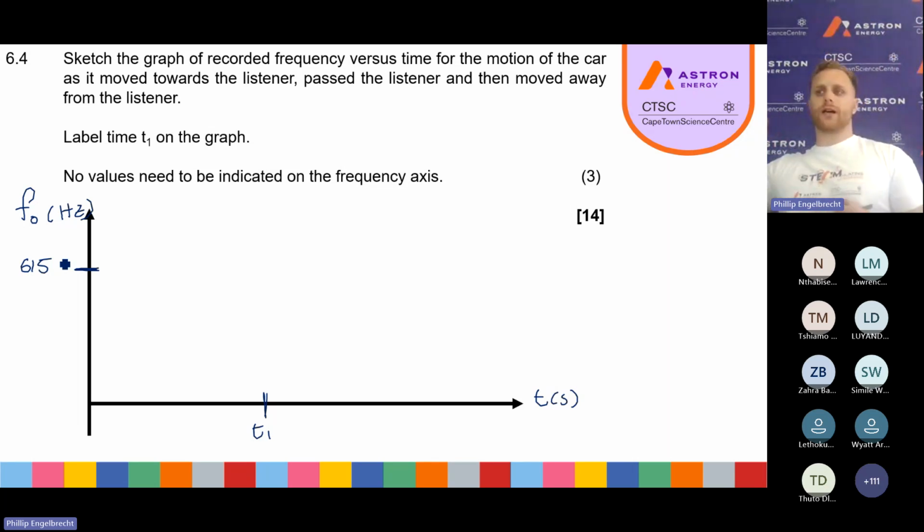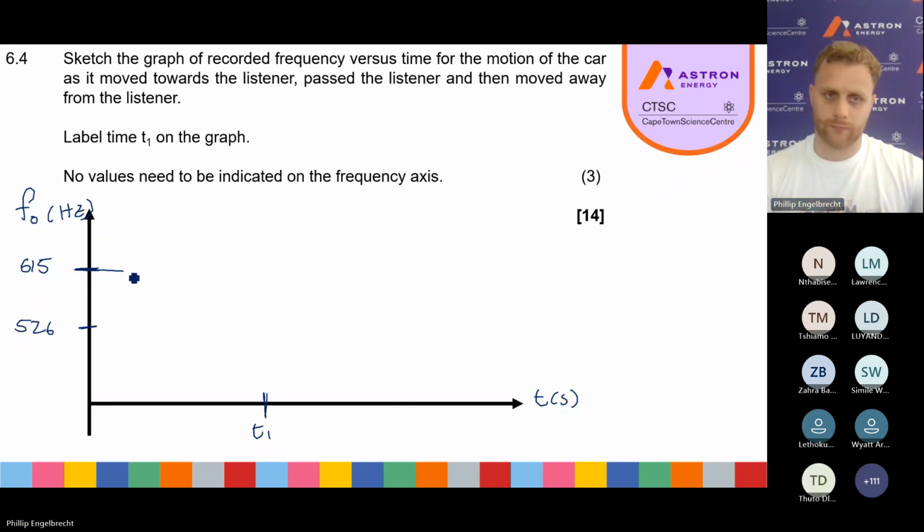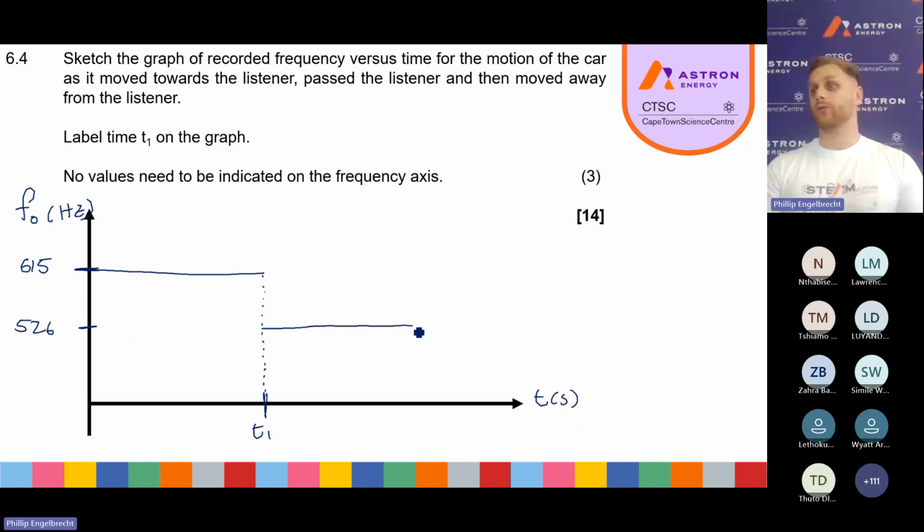The car passed us, and the new observed frequency is 526. That all occurred at time t1. So your graph would look something like this. You make a little asymptote dot over here, and after the car passed us, this was our new frequency that was recorded.